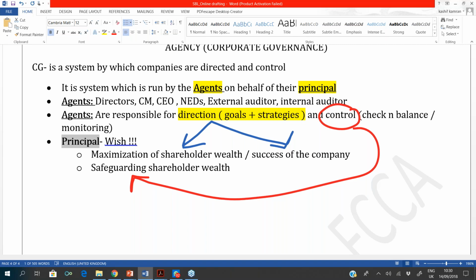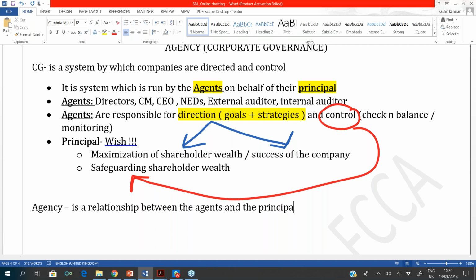So it is a system being run by agents on behalf of the principals. And now you can understand this, right? Agency is a relationship between the agents and the principal. I hope you can understand this relationship now.